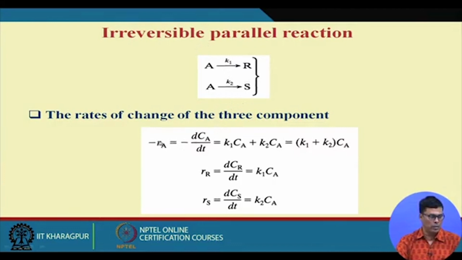The rate of substrate degradation can be expressed as K1 into Ca plus K2 into Ca, and taking Ca common, K1 plus K2. The rate of formation of R you can express as K1 into Ca, and the rate of formation of S as K2 into Ca. This is how we write the parallel reaction.